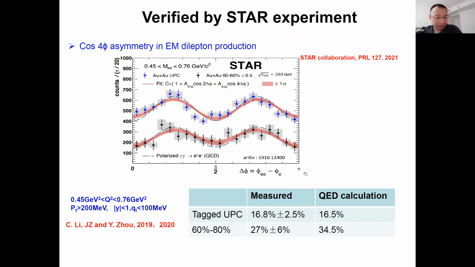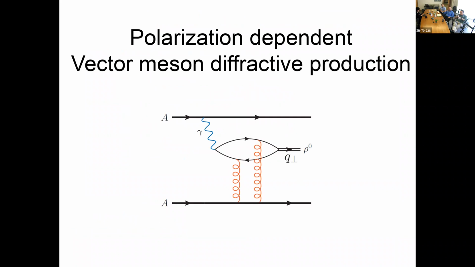Anyway, it's confirmed by the STAR measurement. This is with respect to the cosine 2-phi angle. The linearly polarized coherent photon plays an important role in generating azimuthal asymmetry in vector meson production as well.